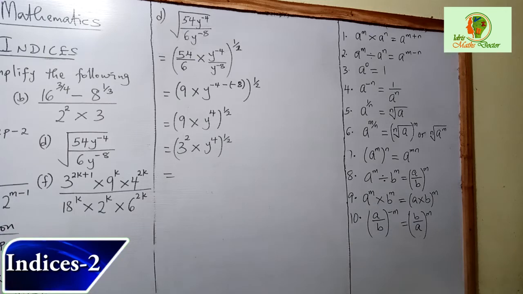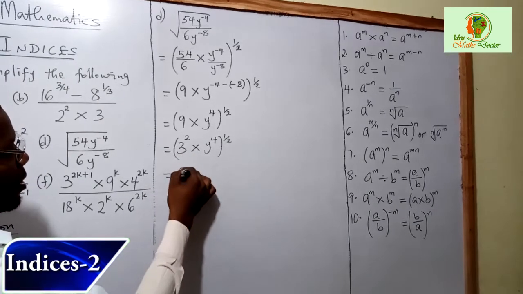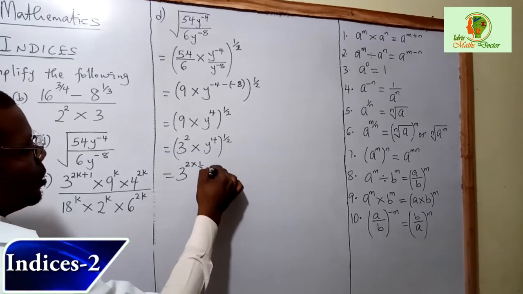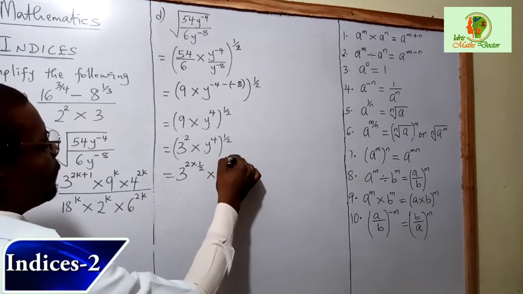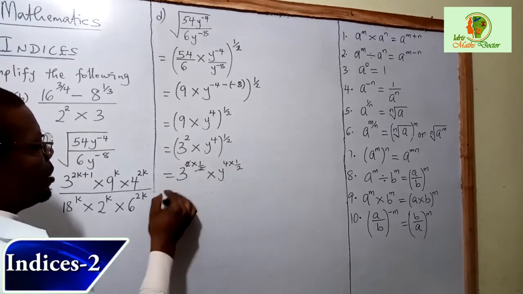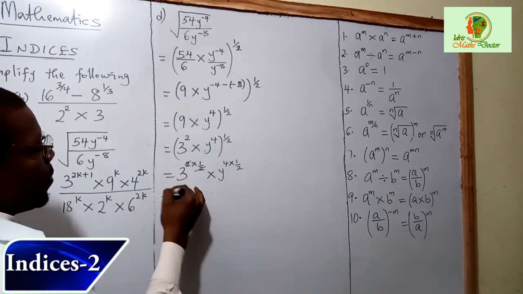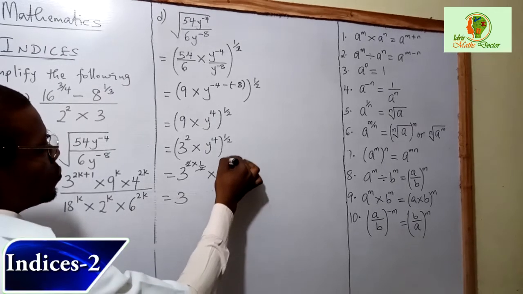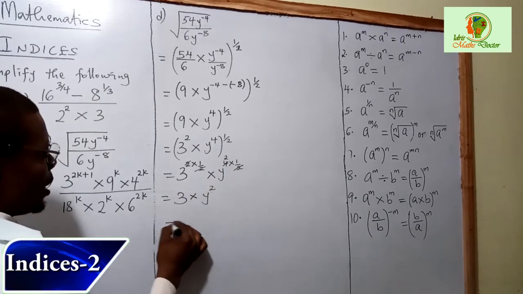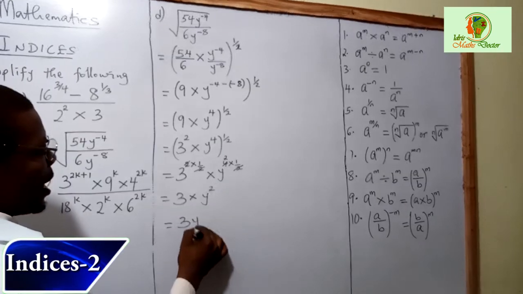So we have 3 raised to power 2 times 1 over 2 times y raised to power 4 times 1 over 2. This will cut out this. So we have 3 raised to power 1, and y raised to power 2. So at the end of the day, 3y squared. Answer.